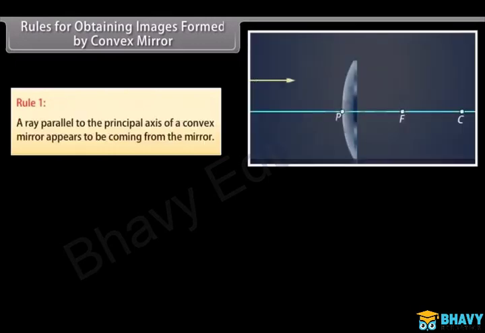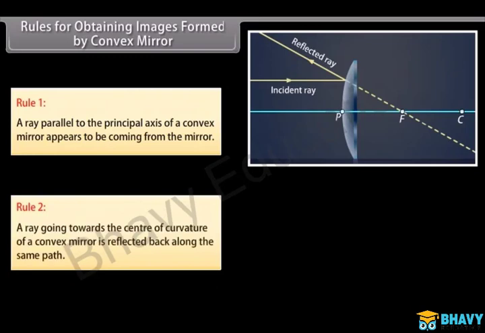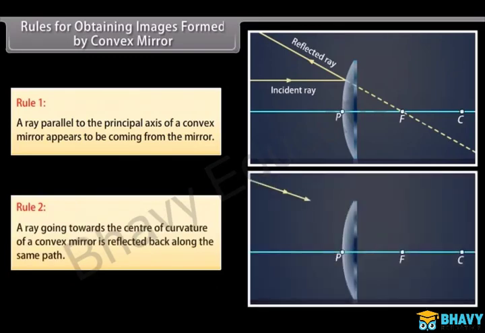Rules for obtaining images formed by convex mirror. Rule 1. A ray parallel to the principal axis of a convex mirror appears to be coming from the focus behind the mirror after reflection. Rule 2. A ray going towards the center of curvature of a convex mirror is reflected back along the same path.